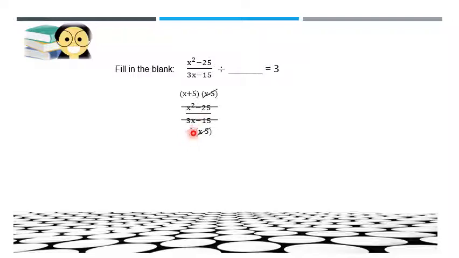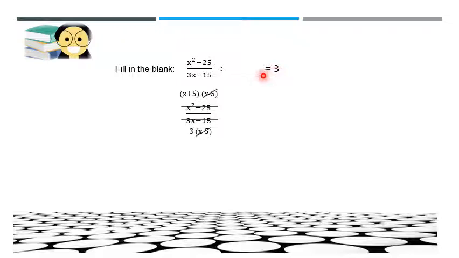In order to get the answer here, you need to analyze first. How can we get 3 here? If I multiply this one twice, if possible, the answer must have x plus 5 here.